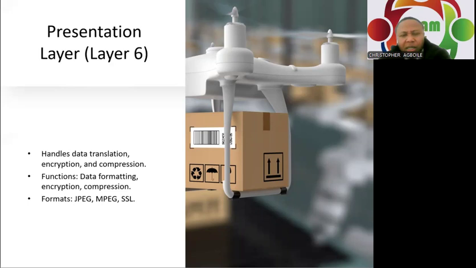The presentation layer, which is layer 6, ensures that data is presented in a usable format for applications and provides data encryption and compression. The functions basically are data translation, e.g., converting EBCDIC to ASCII, data compression to reduce size, and data encryption for secure transmission.